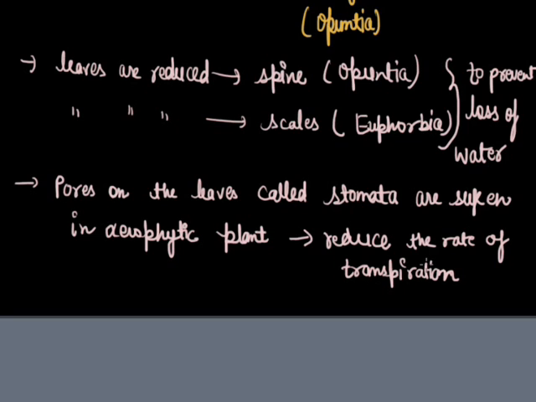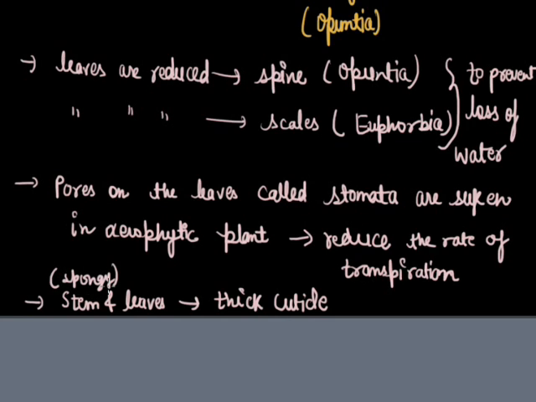Both stem and leaf surfaces are thick-walled and also have a thick cuticle. The stem of xerophytic plants is spongy. This helps to store water in them.